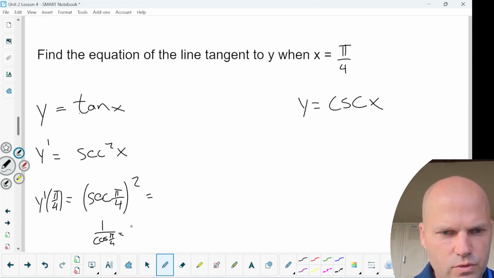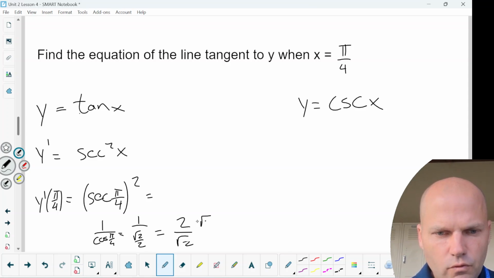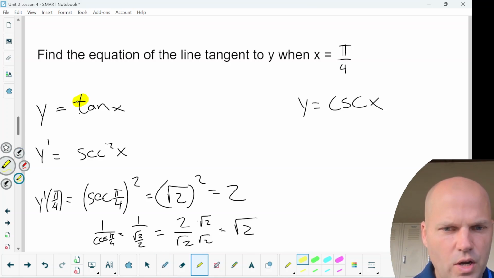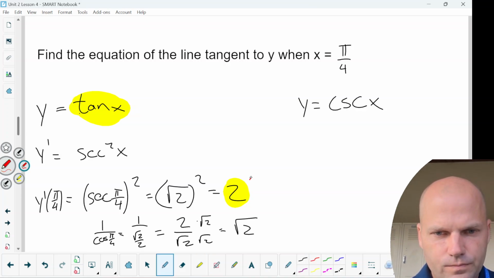The cosine value is root 2 over 2. So that means I have 1 over root 2 over 2, or I have 2 over root 2. Now, you can go ahead and simplify this, rationalize it, and you get 2 root 2 over 2, which is just root 2. So this becomes root 2 squared, which is just 2. Turns out the slope of tangent at pi over 4 is 2.